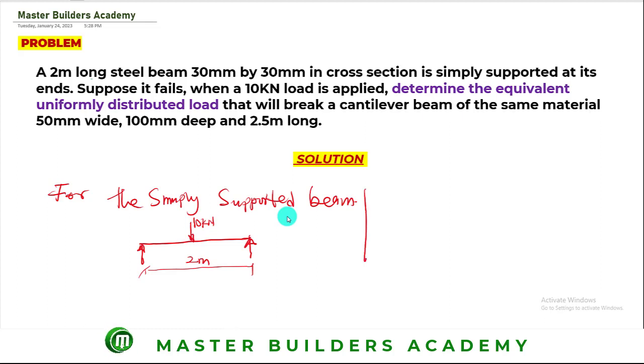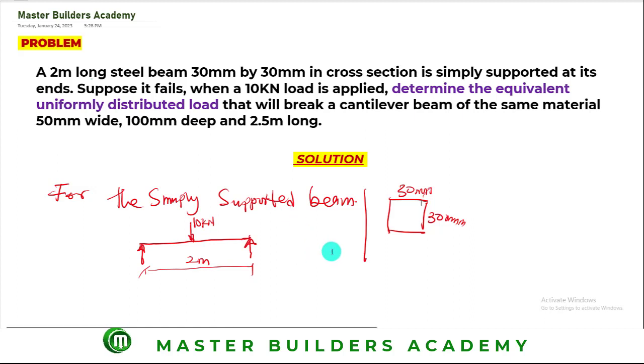All right, so other parameters that we're given is that this beam is of a section 30 mm by 30 mm. I hope you can see this 30 mm by 30 mm. What does it mean?